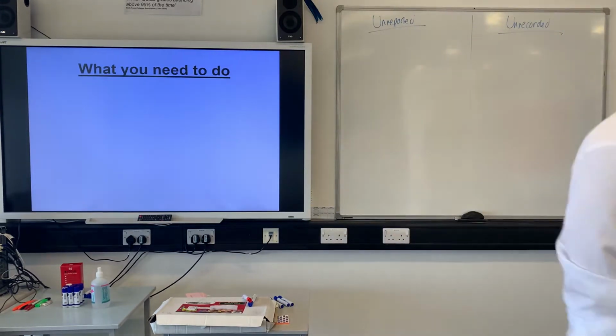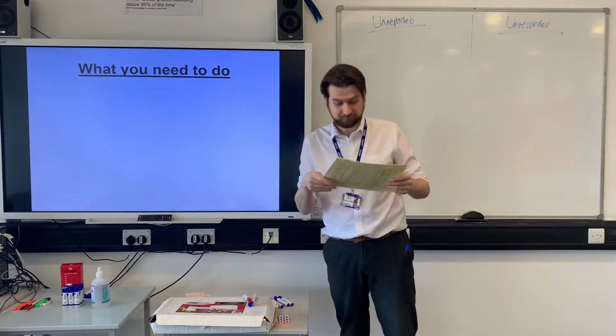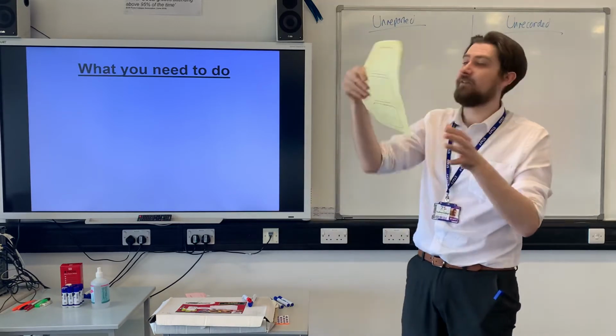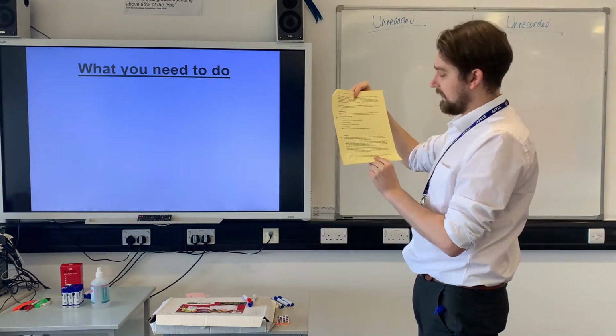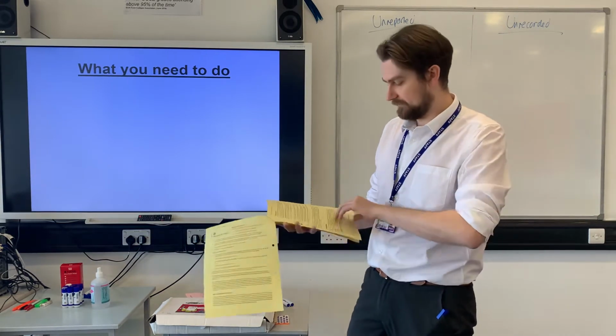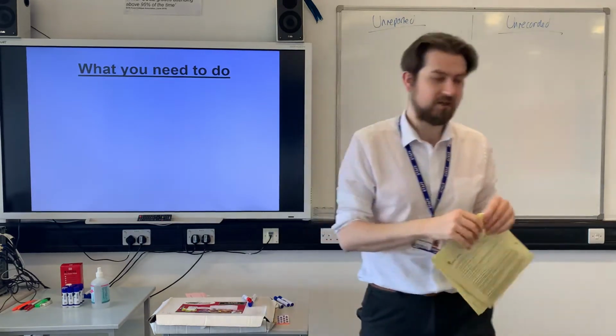So this is the part where we kind of hand it over to you now for the rest of the lesson. You should have filled out that page, so you've got your 3 methods of measuring the data. Then page 3, page 4, and page 5 is a bit of reading to do.